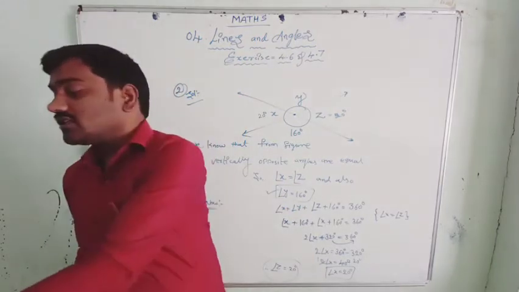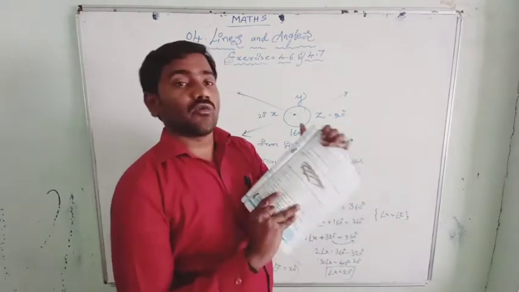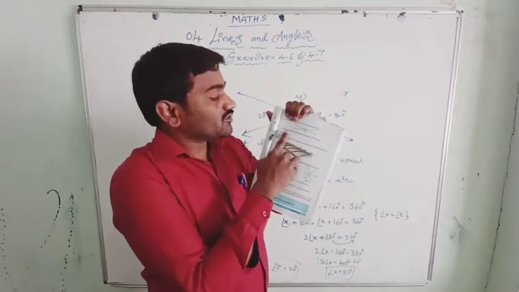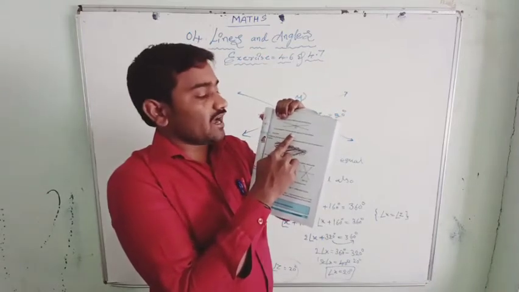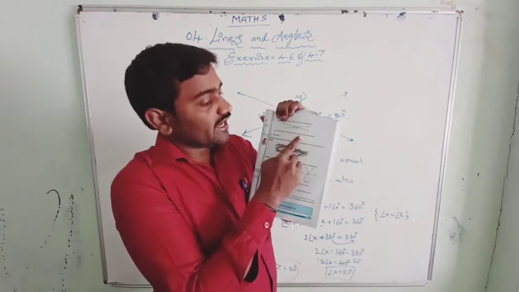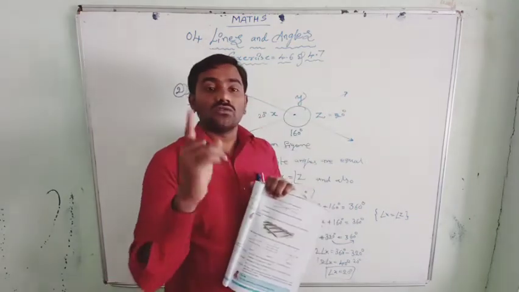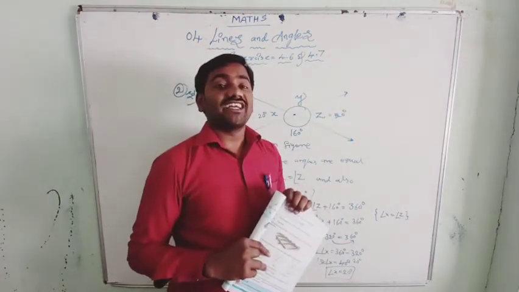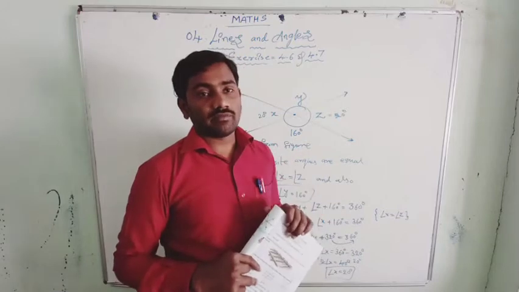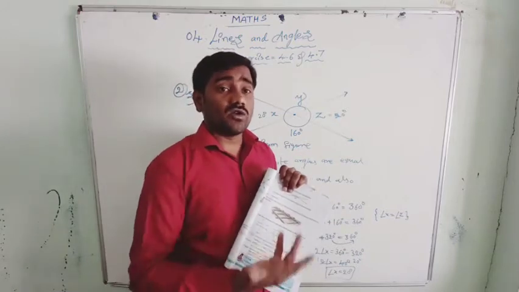And there is a third question here. We have to give our own examples of vertically opposite angles in your surroundings. Just look at the surroundings where vertically opposite angles are formed. You have to give your own answers.